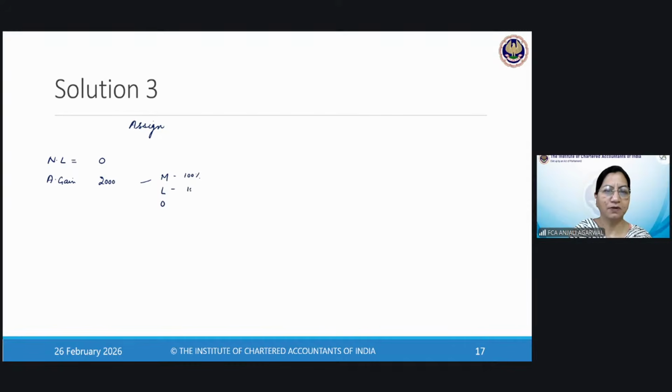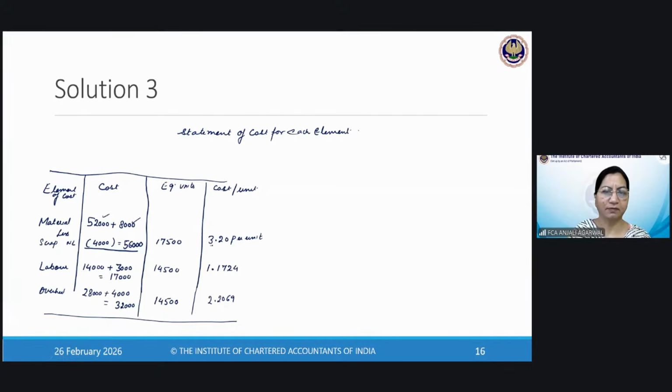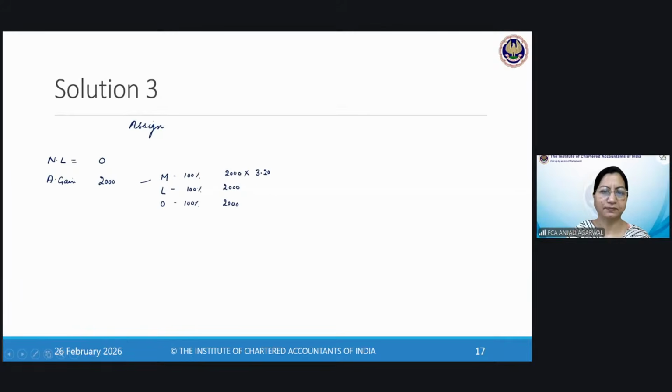Material, labor, overheads. So the equivalent units become 2000, 2000, and 2000. And the cost for material was 3.20 per unit. Now you pick up this figure from the second statement. 1.1724 and 2.2069.